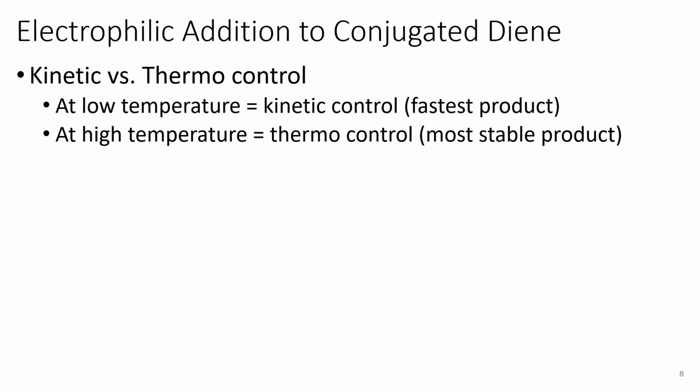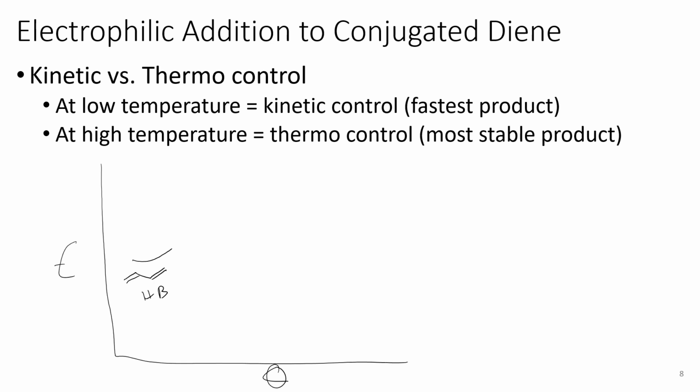So let's quickly look at a free energy diagram on why this happens, to explain the change in our controls. They both start off with the same reactants, the conjugated system and the HBr. From here, they're both going to go to an intermediate.